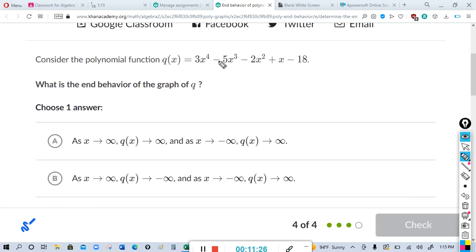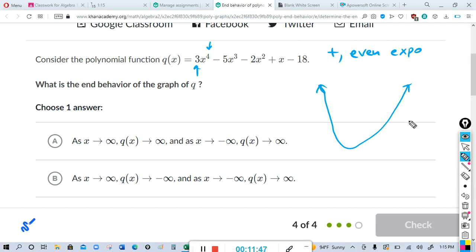Always look at the greatest exponent, that's 4. So it's an even exponent. And the coefficient is 3, so it's positive. That's going to look like that, generally speaking.